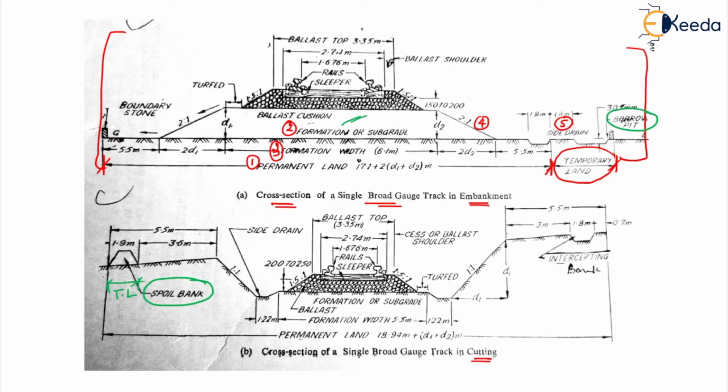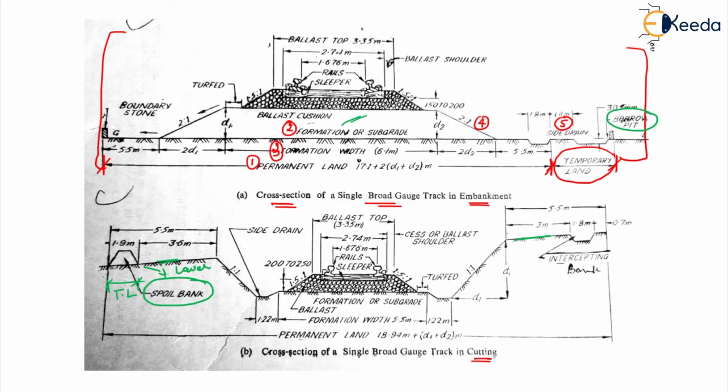If it is embankment, you will take the soil from there, and if it is cutting, you'll put the soil there from your cut portion. Understood? Whichever side is lower, if you observe in this cutting, this is on a higher side and this is on a lower side. Whichever is the lower side, there you have to put your spoil bank or the excavated earth. Then you have to compact and consolidate it to get the final bed.